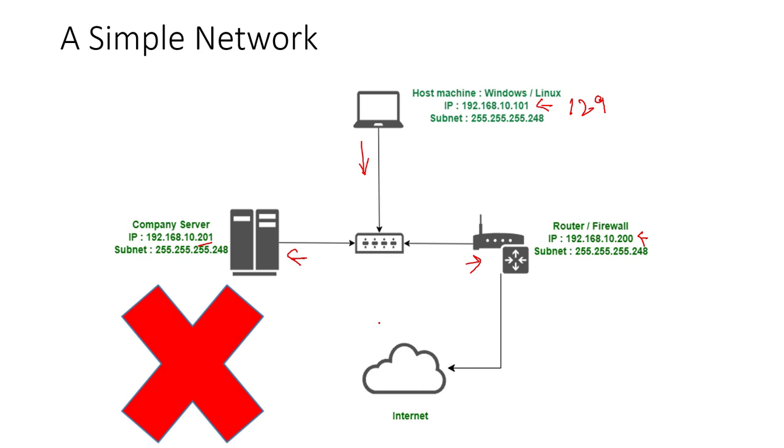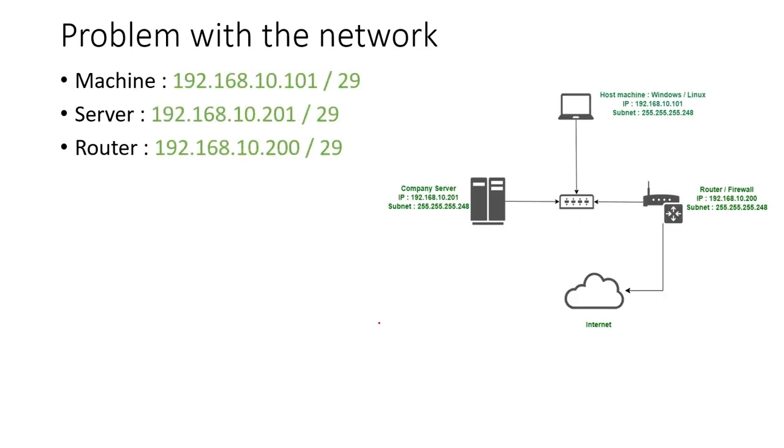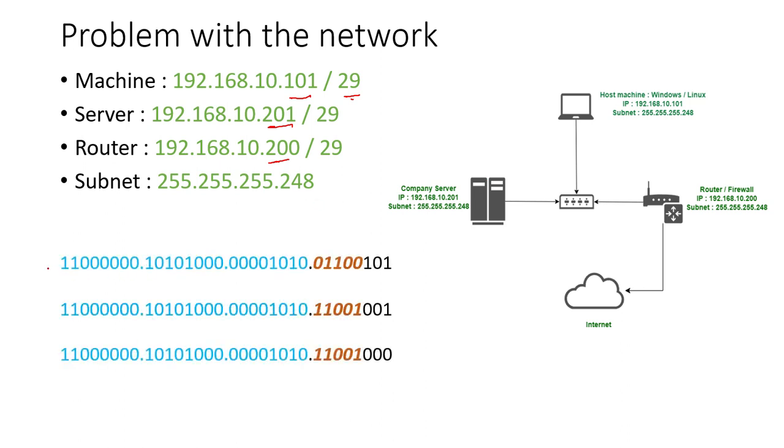Now let's look at the problem. Here we have the same network, and the machine IP is 101/29, the server is 201, and the router is 200, and we have a subnet mask of 248. The first binary representation is of the host machine, the second is the server, the third is the router, and finally we have the subnet mask.